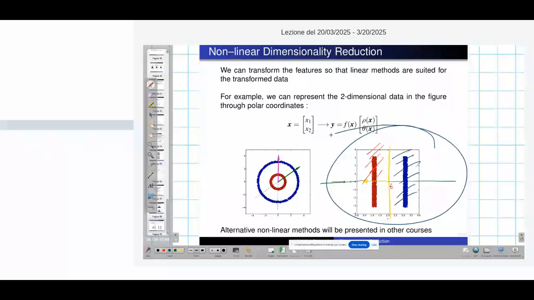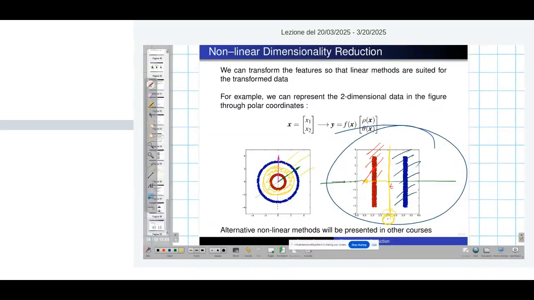So a linear method in this transformed space corresponds, if I were to draw this in the original space, to a separation that looks like this. Remember, this is radius. Whatever is inside this sphere, below a given radius, will be assigned to class red.